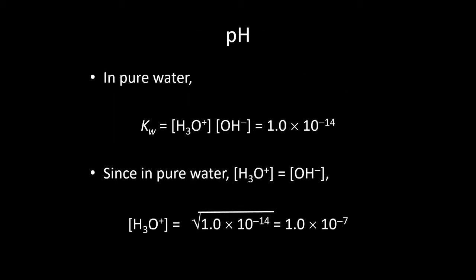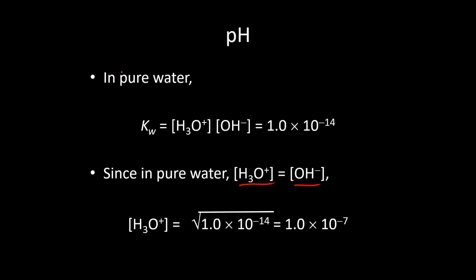When we're talking about the pH of pure water, since we know that pure water has equal concentrations of the hydronium ion and the hydroxide ion, that tells us that the concentration of hydronium is 1 times 10 to the negative 7. And this is something that we discovered back in the problem that we did last section.